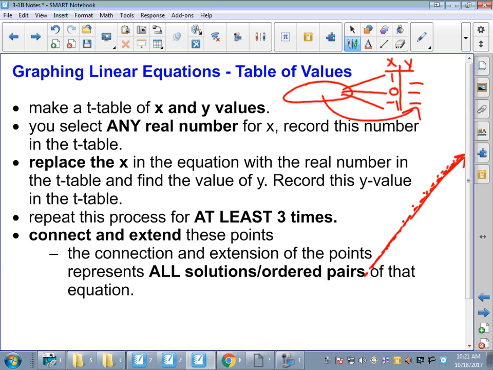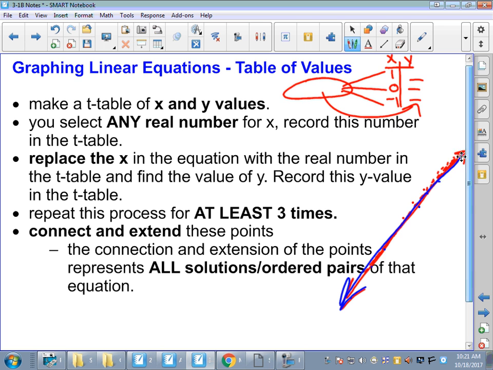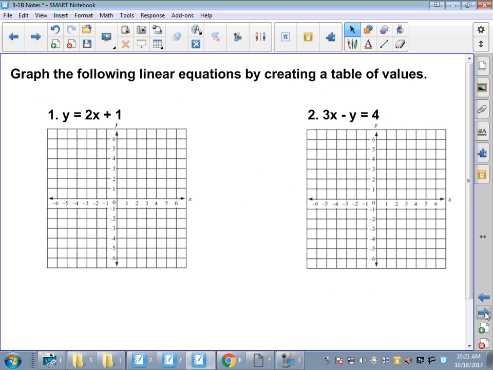It becomes a continuous line. So we connect and extend beyond those 3. You may have picked these 3 ordered pairs to make your line. Somebody else may have picked these 3 ordered pairs. So by connecting and extending, we're including all of those ordered pairs, even the fractions and decimals, rational and ugly irrational numbers.